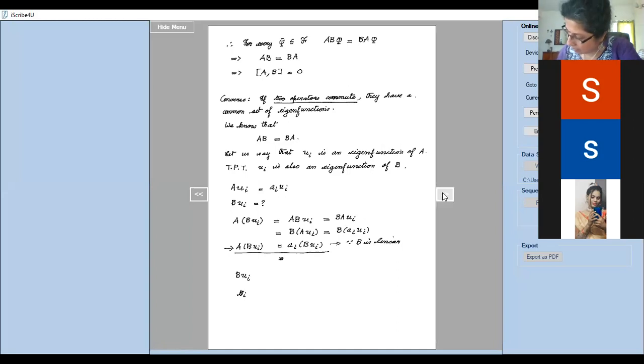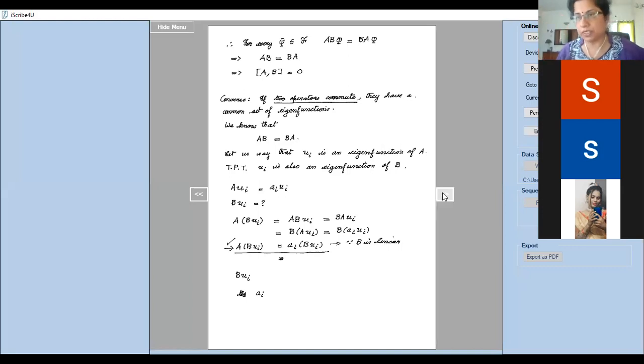Sorry, not bi, my mistake, it's ai. So what we have ended up proving over here is that B operating on ui, that wave function, is also an eigenfunction of A, and it has eigenvalue ai.